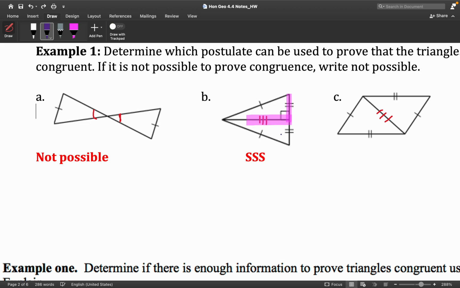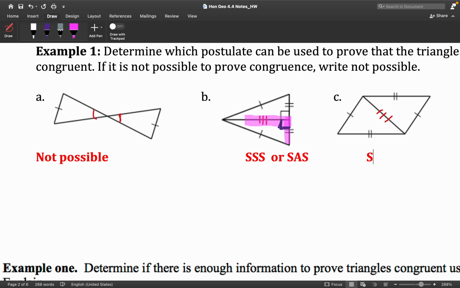And if I look at the other triangle, I have a side and a side, and if I use my knowledge of linear pairs, this must also be a 90-degree angle. So I could say that that is also an example of side angle side. I have two sides and the angle in the middle, in between those two sides.